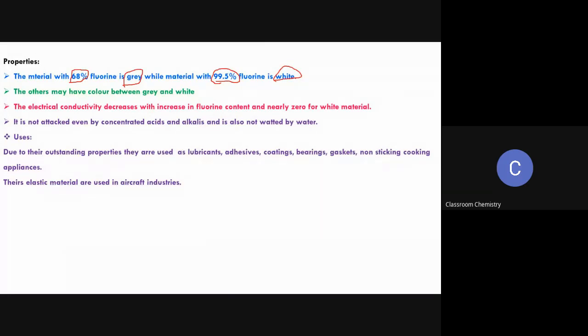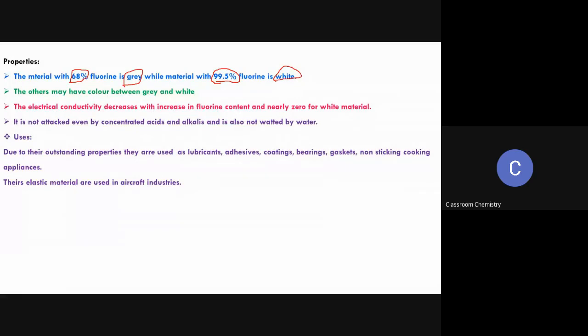Everybody is very familiar with non-sticking cooking appliances, because we use them in day to day life. Gaskets, you know, in cars, petrol cars, have gaskets. These gaskets are also made from these fluorocarbons. Also, their elastic material is used in aircraft industries.